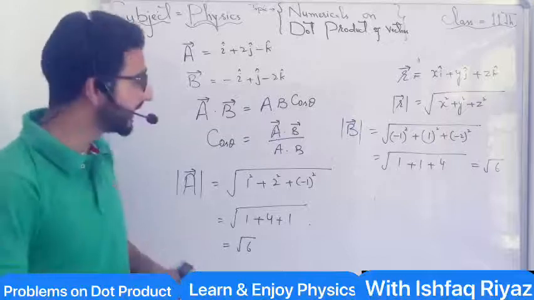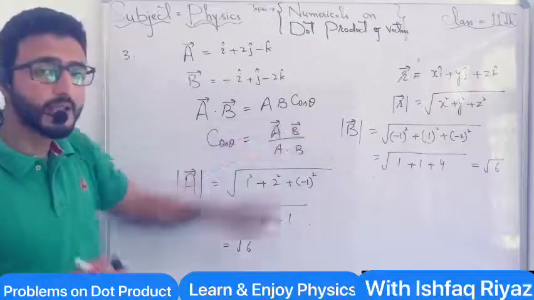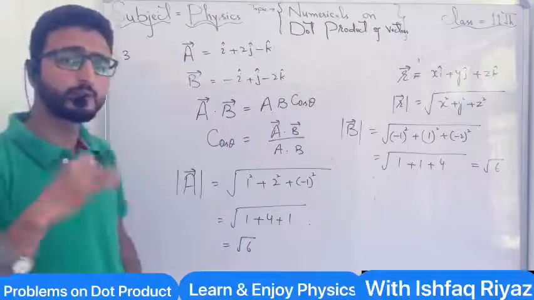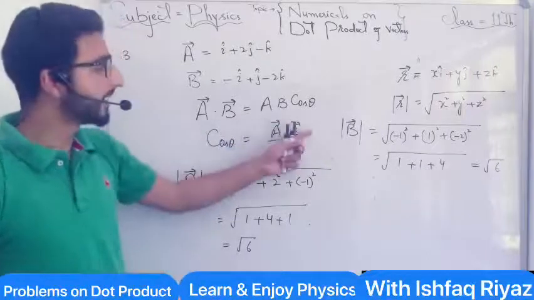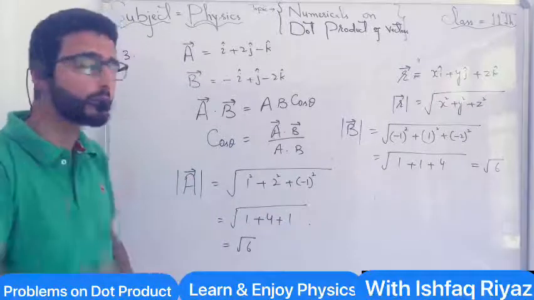Now, to calculate the angle between the two vectors, what we require? The dot product, that is A dot B. If you remember, I have also calculated the dot product in terms of rectangular coordinates, in terms of the components of the vectors.